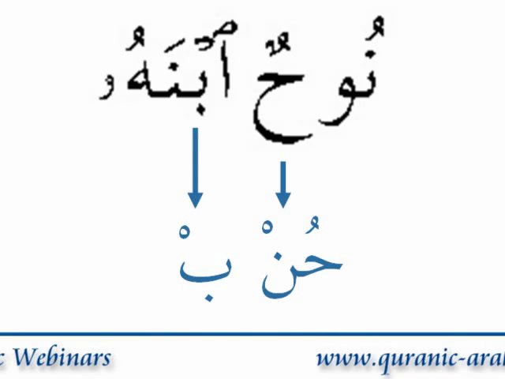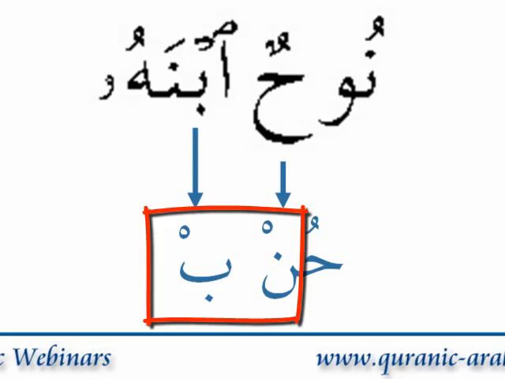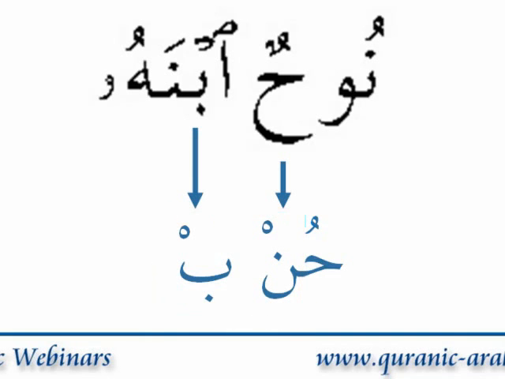So now we have a problem because there's no way to join a sound to the ba, which is sakin, because the letter before it in the previous word is also sakin. So we need to resolve this, okay? Because if we read this, we say nu, hun, and then we don't know how to start on the second word because there's no way to read that.